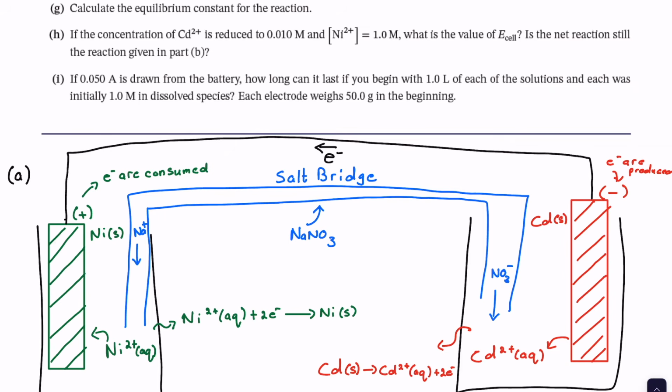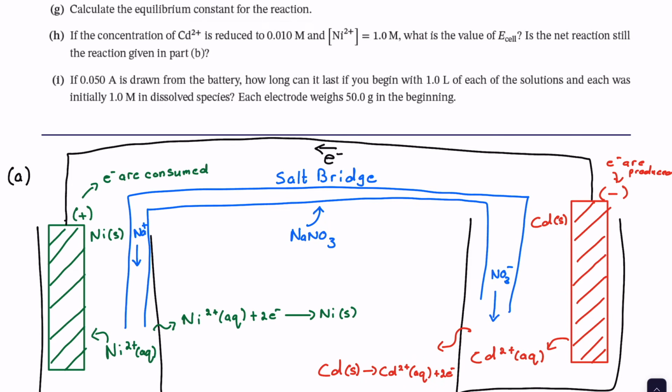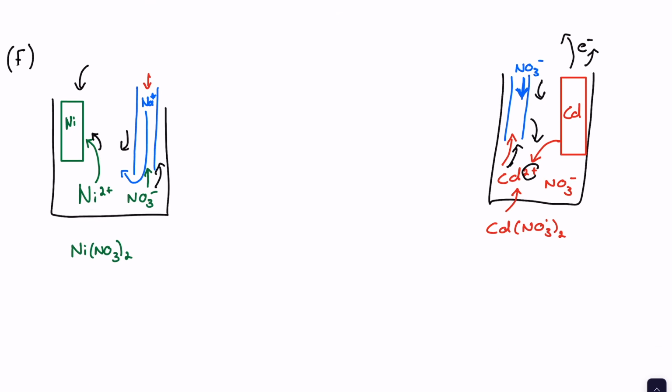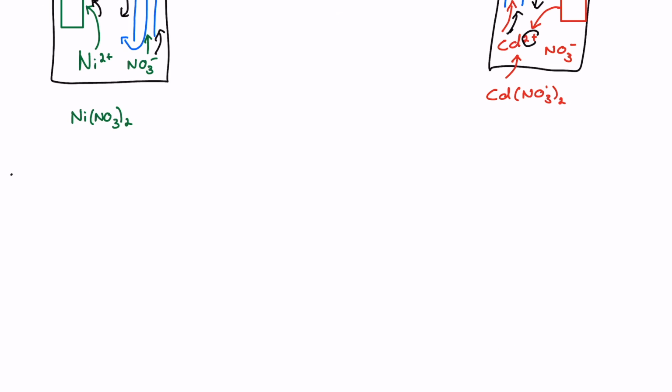So looking at question G, it says calculate the equilibrium constant for the reaction. Alright, so to calculate the equilibrium constant, of course, we can use the standard cell potential. So there's a relationship between those two parameters. So E naught cell is equal to RT over nF, times ln K. All right, and so we can solve for the equilibrium constant.